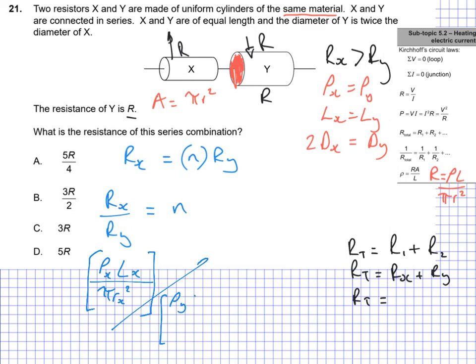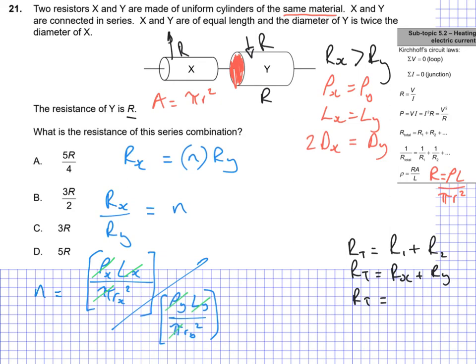So rho y, Ly over pi Ry squared. Now this is the fun part, because the resistivities are the same, so they can cancel out. The lengths are the same, so they can cancel out. Of course, pi is the same, so they can cancel out.